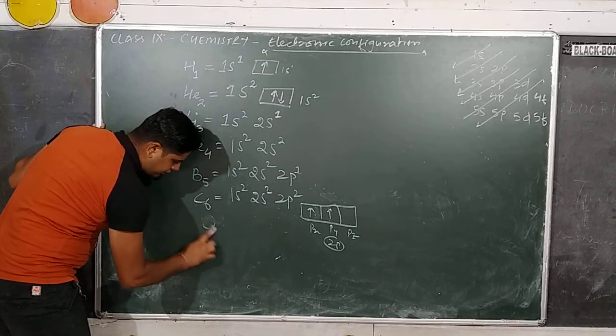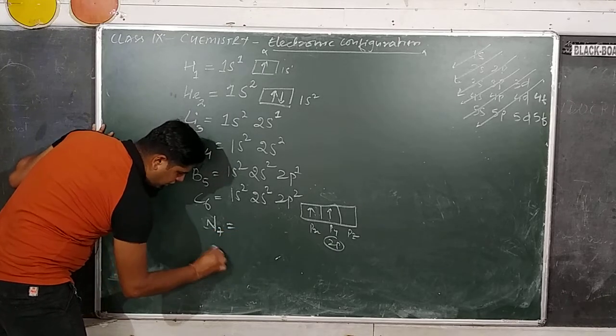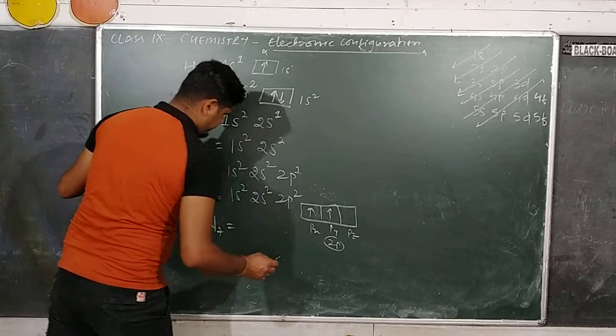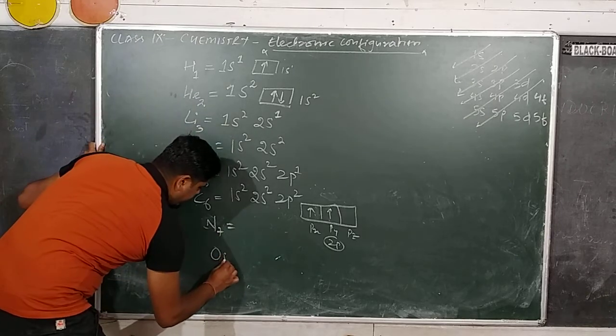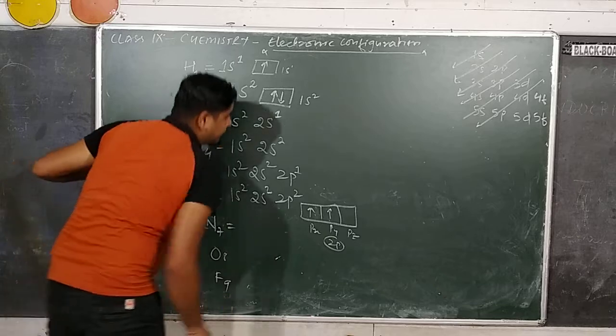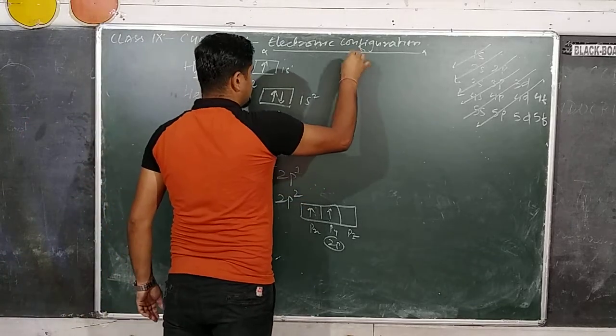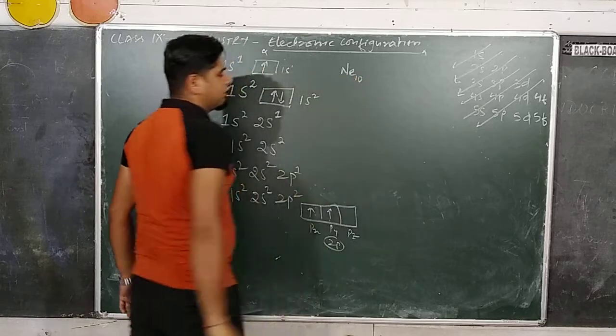Nitrogen 7, you do. Oxygen 8, you do. Then fluorine 9. Then neon 10.